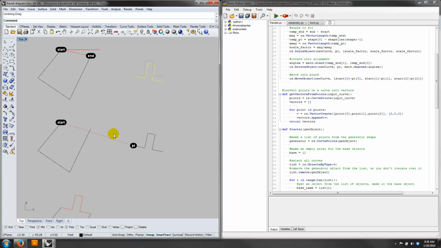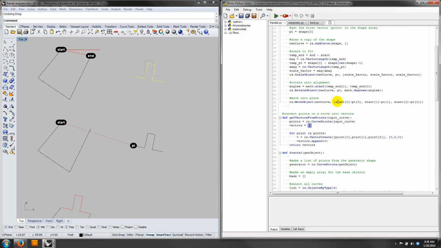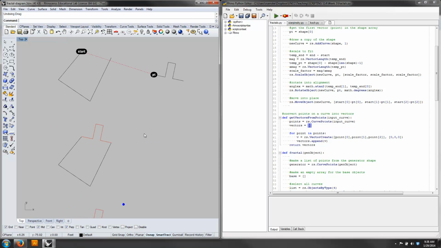Then we move it just like I just did, actually. Basically taking it from, I subtract the vectors from this point here, the 3 XYZ vectors. Actually, sorry. So start 0 minus 0.0, start 1 minus 0.1, start 2 minus 0.2. So just the XYZ vectors minus these XYZ vectors will actually give us the vector to move it from this point to that point. And in fact, that's what I do.